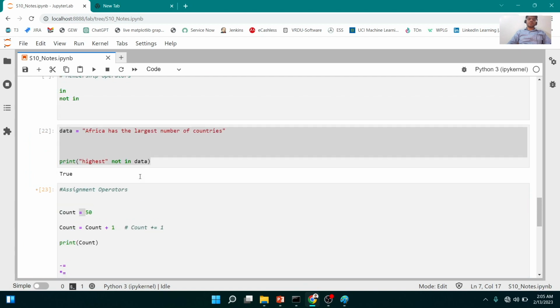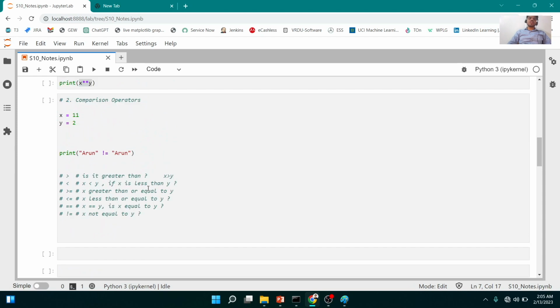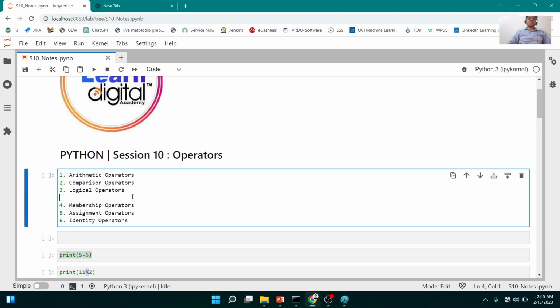That's the identity operators. Not so commonly used, but good to know. The most commonly used and important operators are arithmetic, comparison and logical. These basically run the whole show. And of course the membership also.